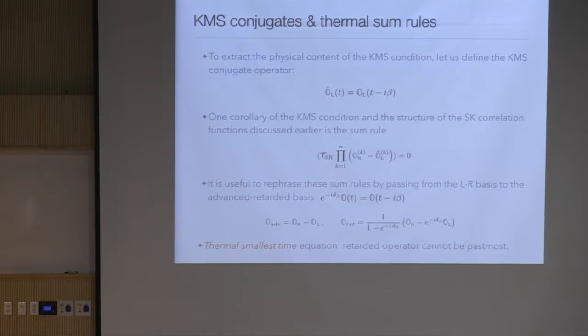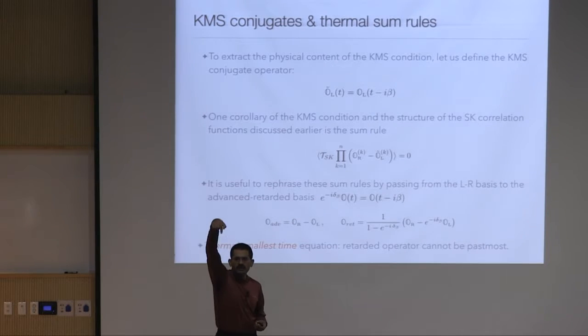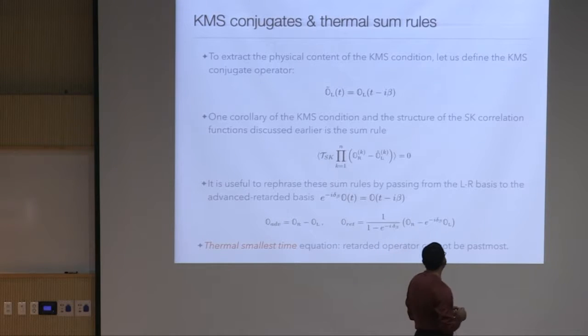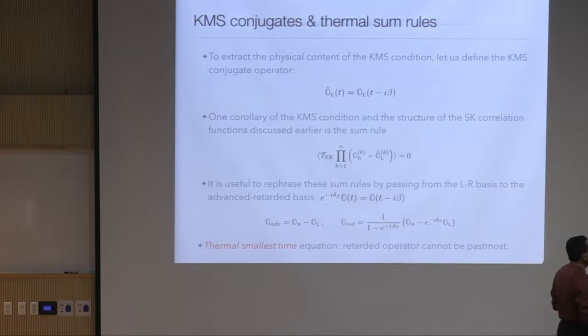It actually means something quite interesting. So let's take the left operators and shift their time argument by i beta. So in other words, move them down in the complex time plane by i beta. If you do that, and you prepare your system in a thermal state, it's not a hard exercise, you can check this yourself, there's a new sum rule.